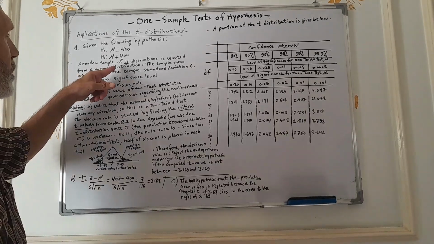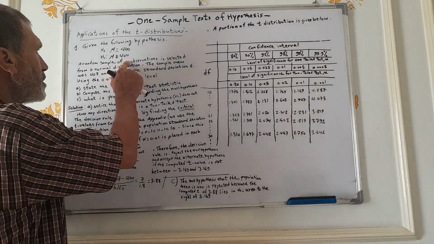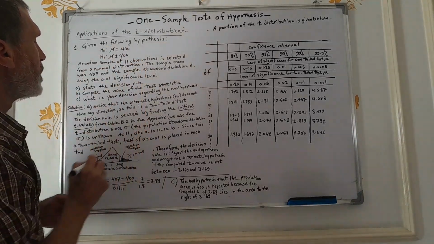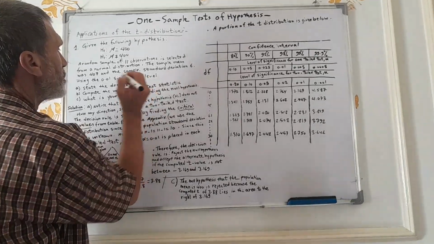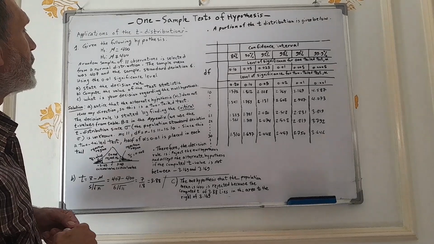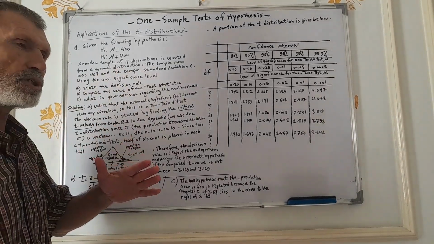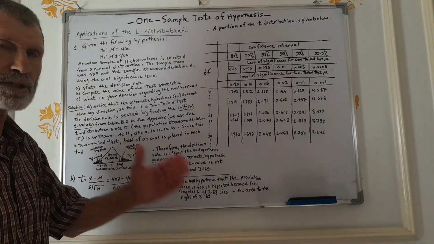A random sample of 11 observations is selected from a normal distribution. Remember, the t-distribution has almost the same characteristics of a normal distribution.